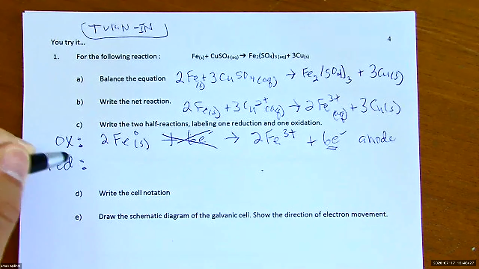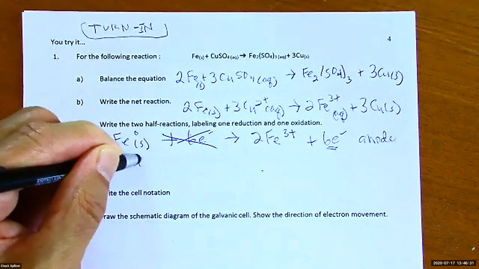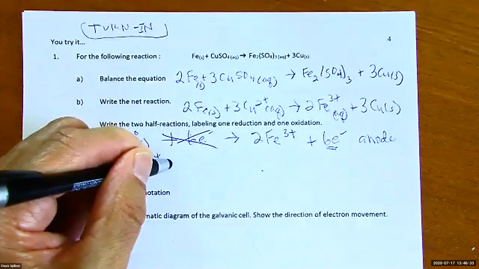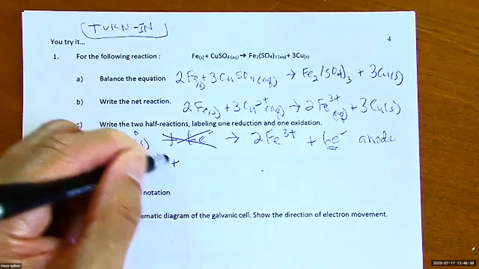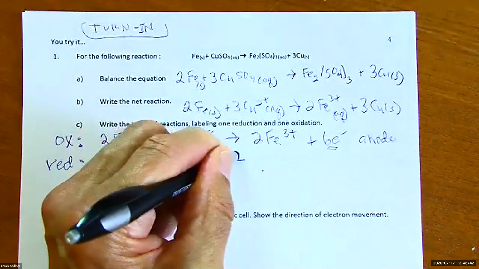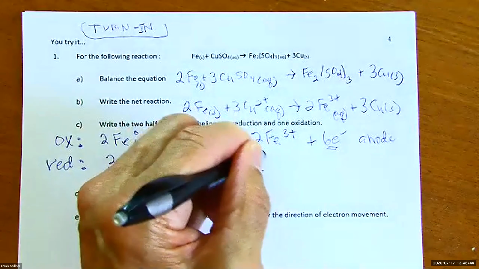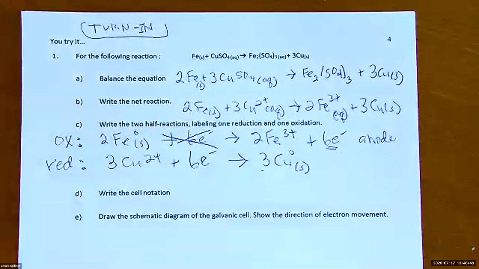On the reduction side, we have 3 copper 2 plus ions, and we're going to have to add 6 electrons. So this is reduction. And that's going to give us 3 copper with an oxidation number of 0, solid, on the right side. So there's our two half reactions.